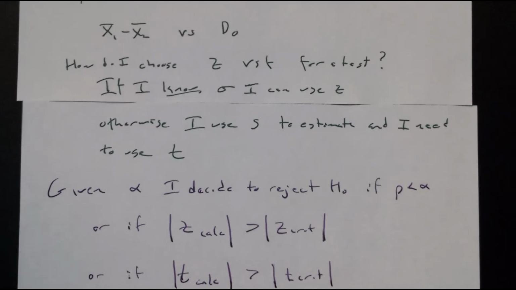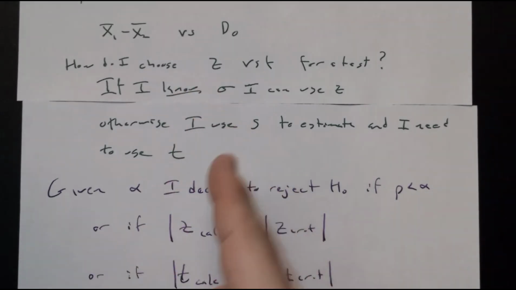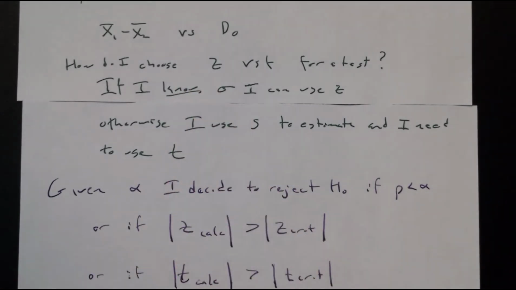So I have a decision rule. That's going to be based off of my hypothesis. And now I say, well, which do I know? So I know which test to use. Then I'm in the same boat I was a week ago. I need to do a calculated value.